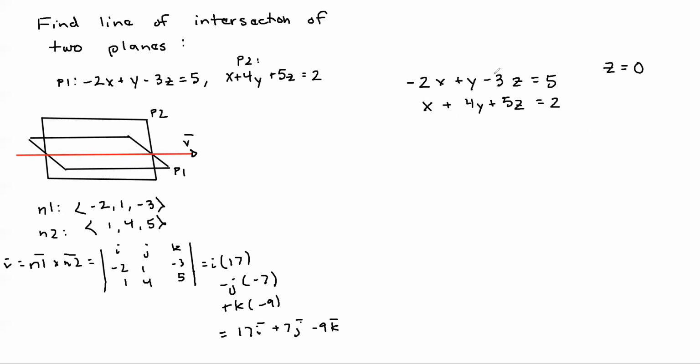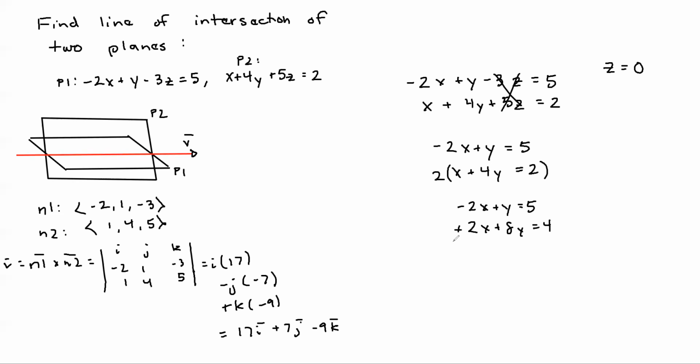If you do that, it kills these terms here, and you end up with -2x plus y equals 5, and x plus 4y equals 2. And then we can solve this by multiplying this bottom one by 2. So we have -2x plus y equals 5, 2x plus 8y equals 4.